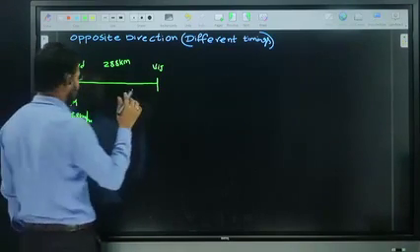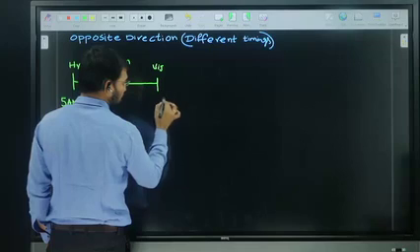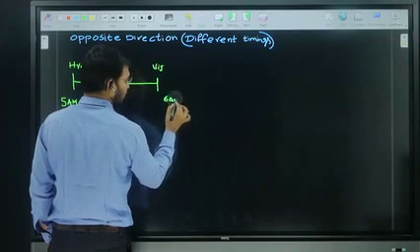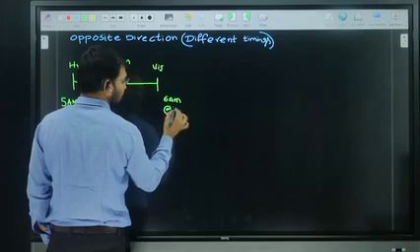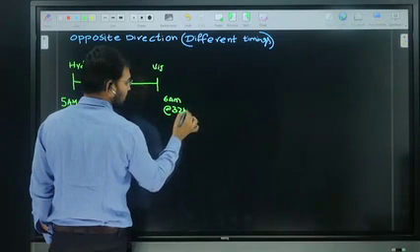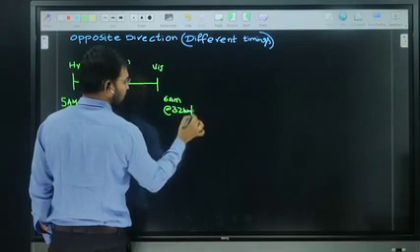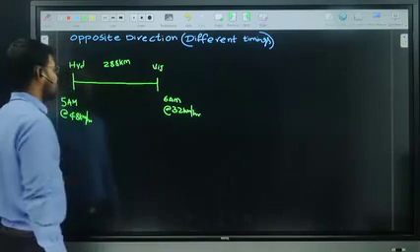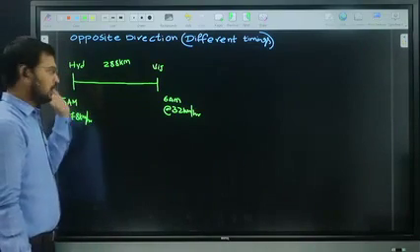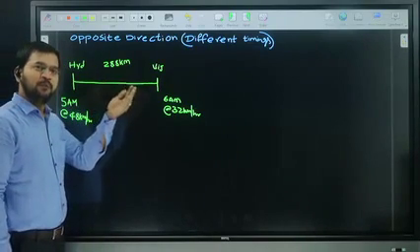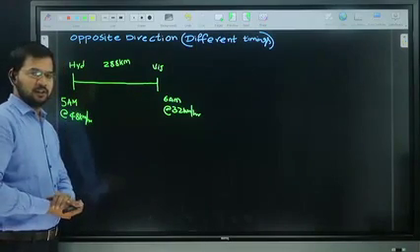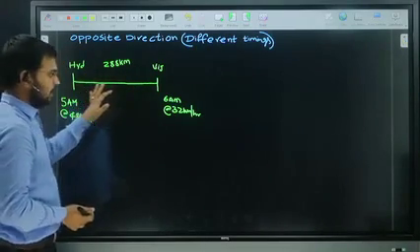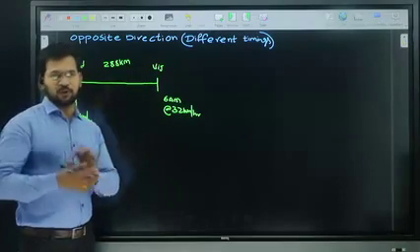Vijayawada Express starts at morning 6 o'clock at the rate of 32 kilometers per hour. Hyderabad Express starts at Hyderabad and travels towards Vijayawada. Vijayawada Express starts at Vijayawada and travels towards Hyderabad. This entire data is given in the question.